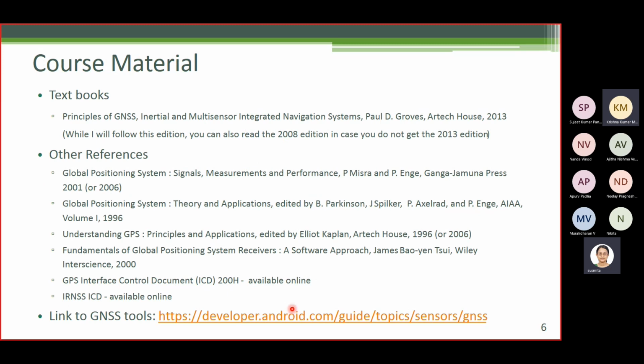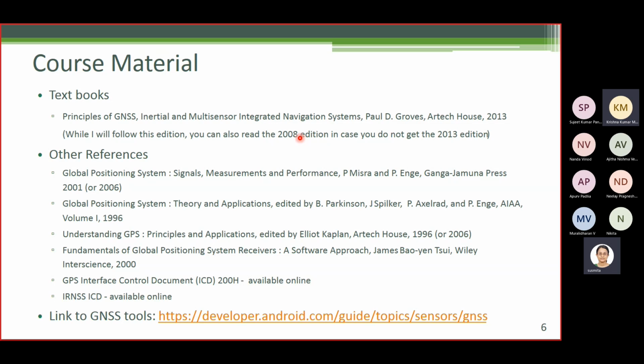Next, course material. In this class, we have one textbook by Paul Groves. I'm going to follow the 2013 edition, but in case you cannot get the 2013 edition, you can also read the 2008 edition. Again, it's not that I am going to follow this book chapter-wise.